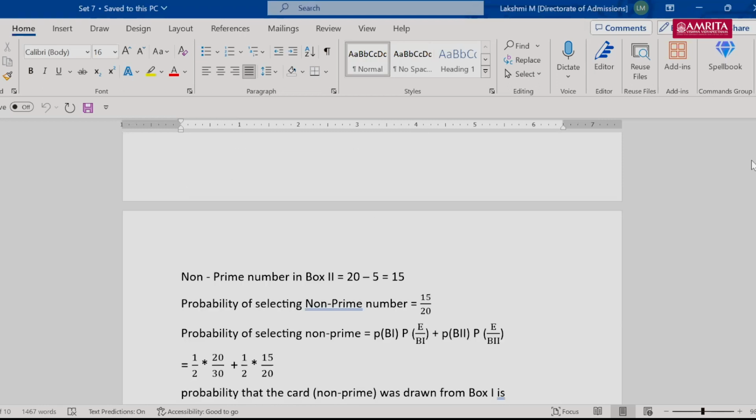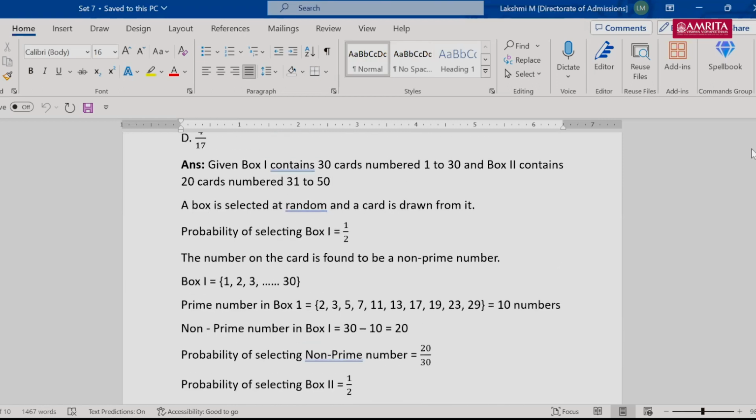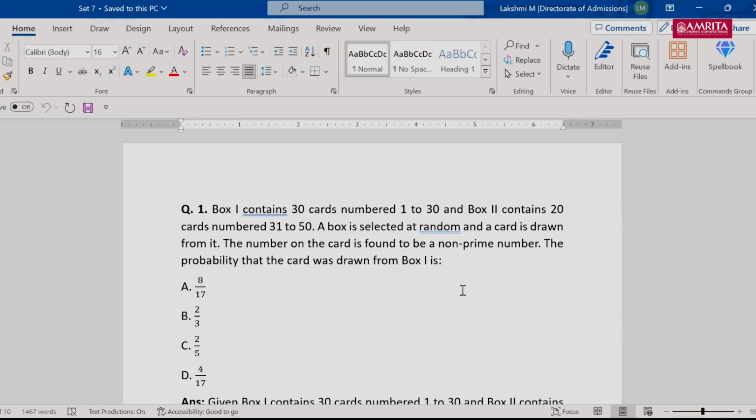I'll just discuss this once again. Kindly hold on. You need to consider both the cases. You have to read the question really, really taking care of all the factors that are given in the question. They have given me box 1, 30 cards, 1 to 30, box 2, 20 cards, 31 to 50. Basic. I have selected a box at random, B1 or B2.